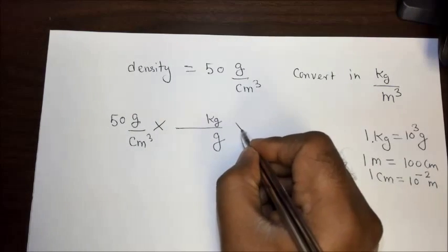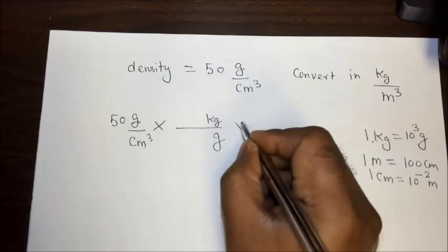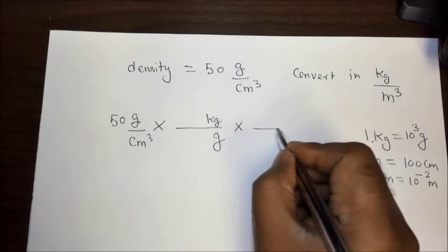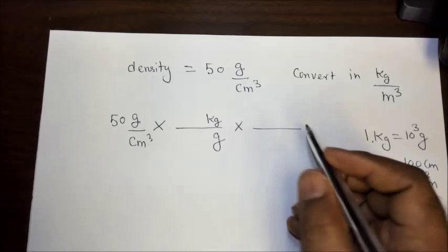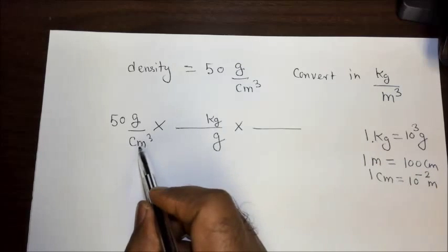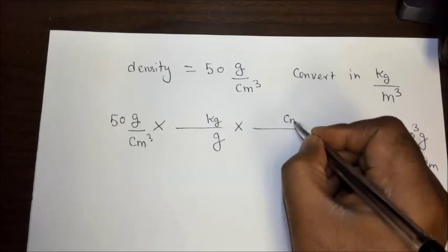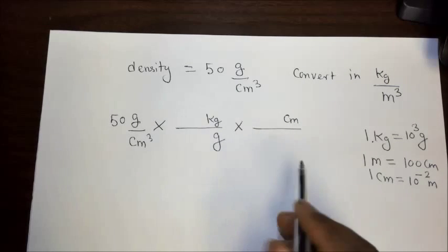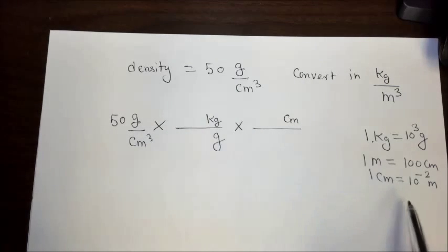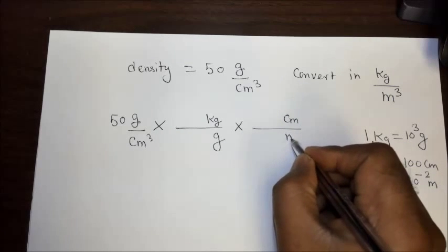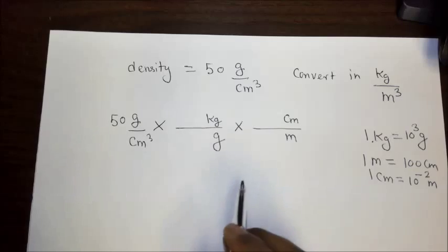Very similar, I have to cancel centimeter cube, so I will put centimeter on the top, and I have to bring meter on the bottom, so I will put meter on the bottom here.